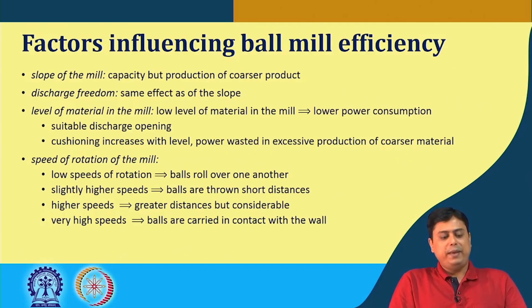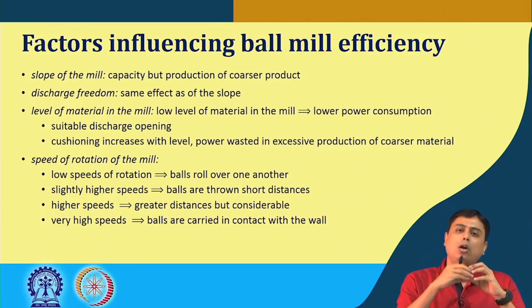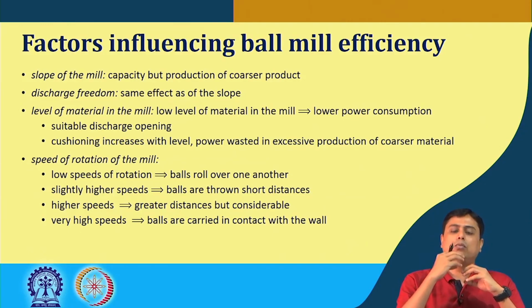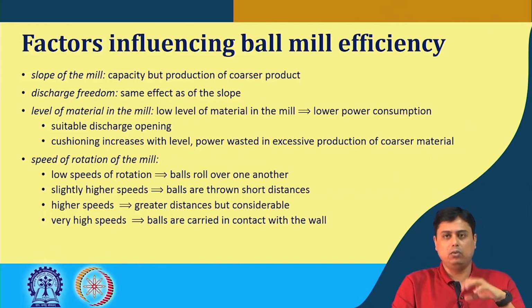The speed of the rotation of the mill is not the last but one of the vital components, because this whole operation is based on this criteria. This effective operation of a ball mill is based on the criteria that the ball will be in contact with the solid wall, it goes to the upmost position and then it would fall.